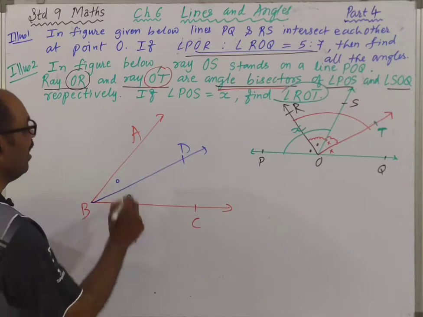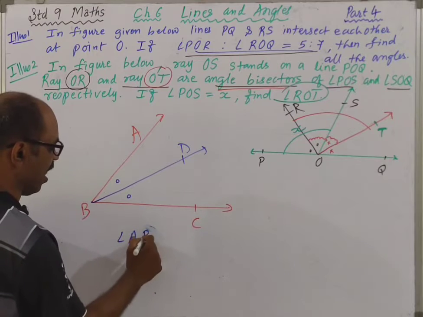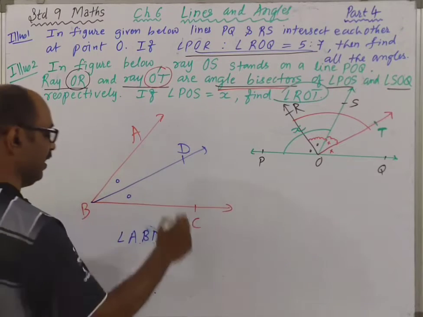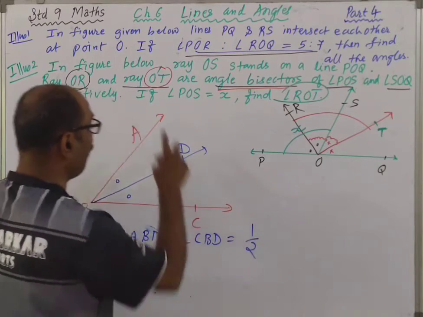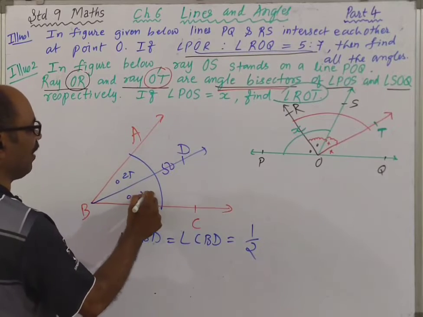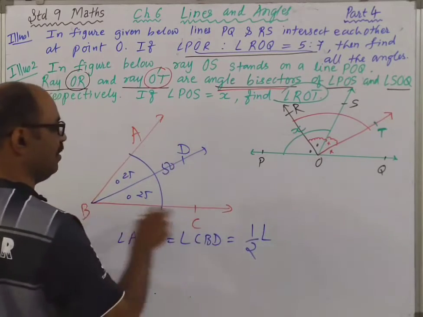Therefore, angle ABD is equal to angle CBD is equal to half of the whole, because suppose this is 50, then this will be 25. So that is half of angle ABC.